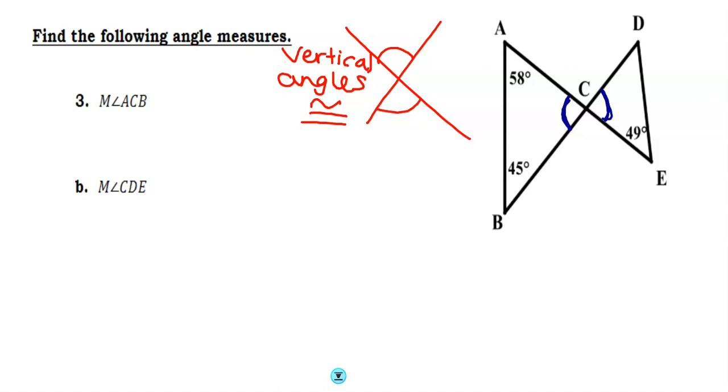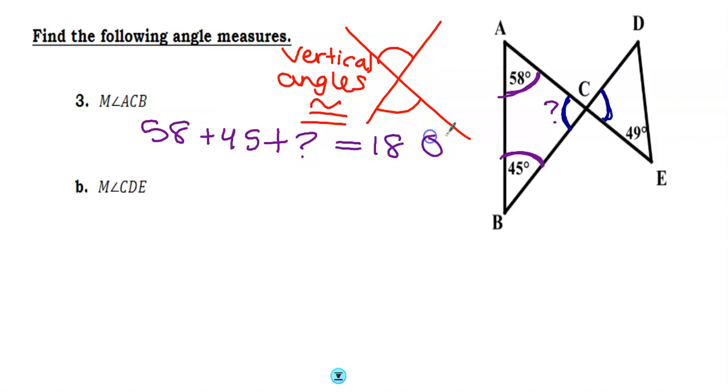So if I have 58 and 45 and I don't know what this one is, to find ACB, I'm going to do 58 plus 45 plus the unknown equals 180, and find out what that angle is worth. So that's 77. So ACB is 77 degrees. So if this is 77 degrees, therefore this is 77 degrees.